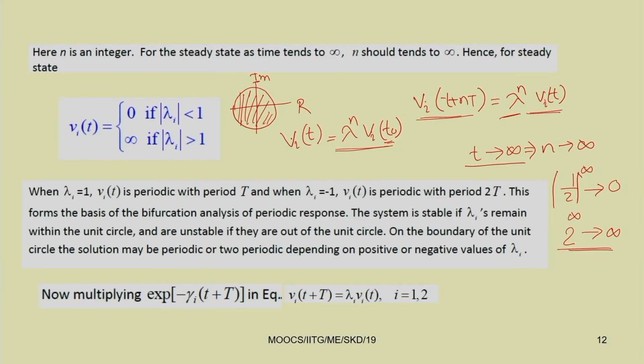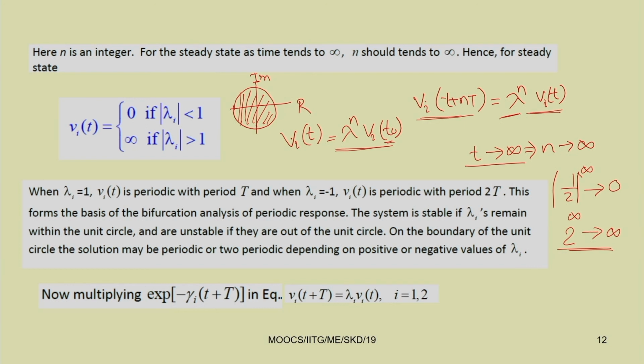So, when lambda_i equals 1, you can see V_i(t) is periodic with period T, and if lambda_i equals minus 1, V_i is periodic with period 2T. That thing you can observe from here.